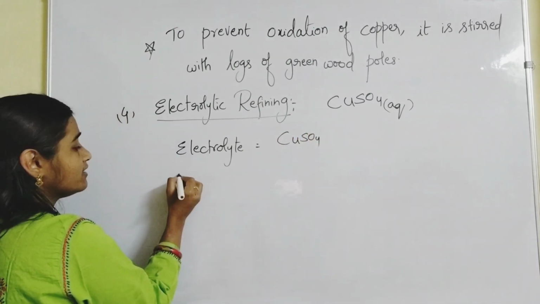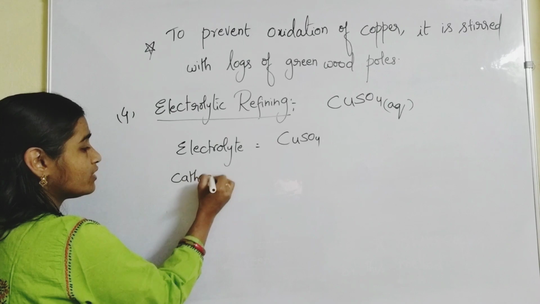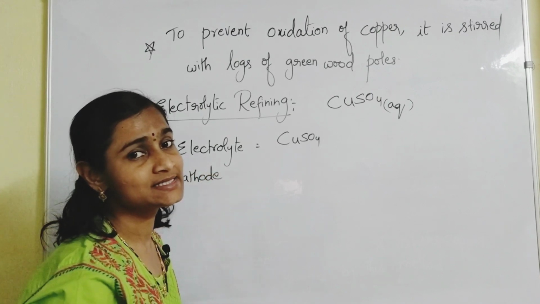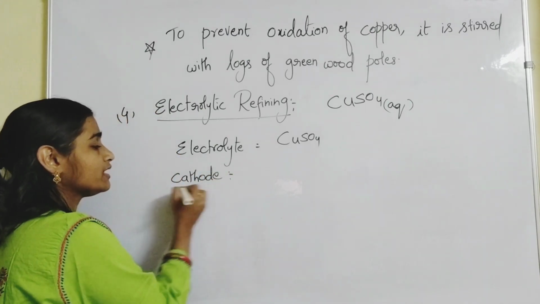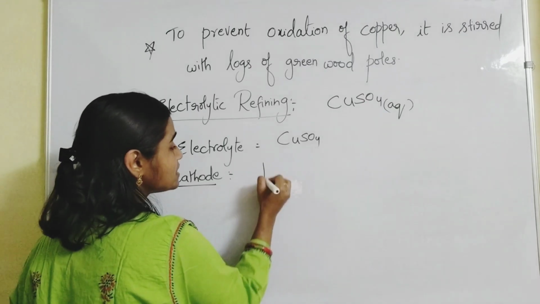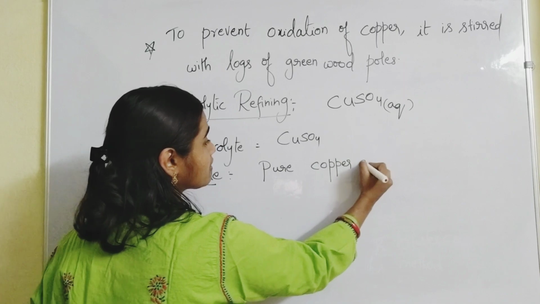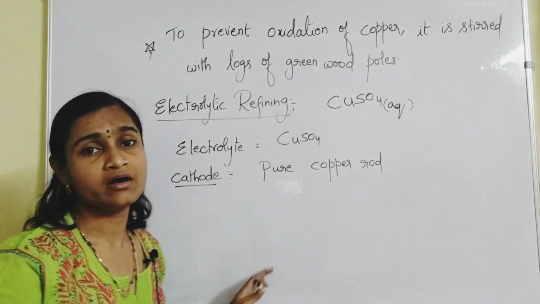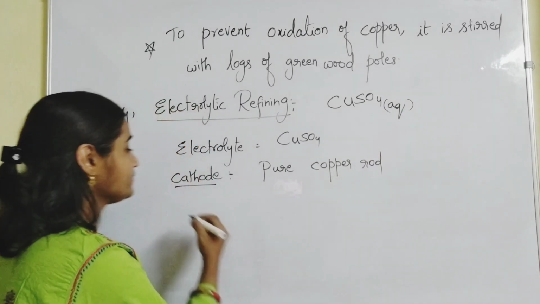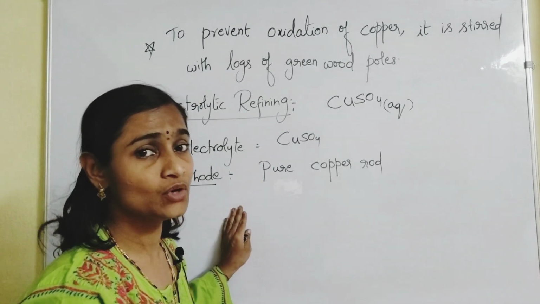And you require cathode and anode metal plates. Here cathode you take as pure copper rod, the negative terminal, you all know.